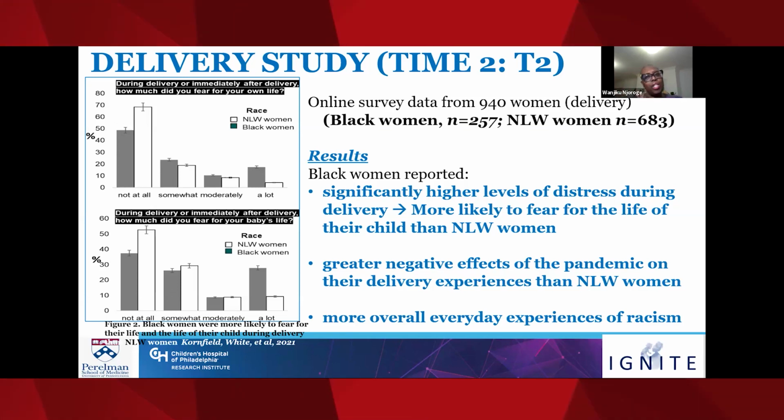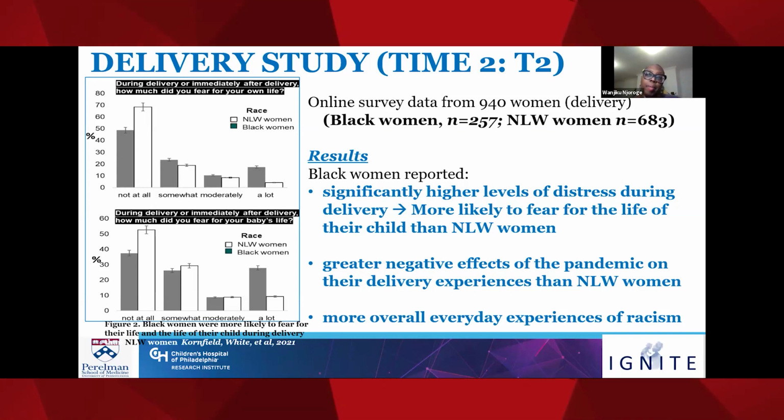Then they changed that at some point, maybe fall of 2020, winter 2020, 2021, where women were able then to have someone in the L&D suite with them, but only one person. So for women who'd had these plans of having their partner and maybe their sister or whomever they wanted, those plans were gone.